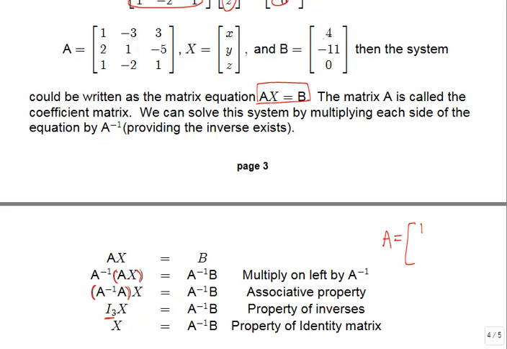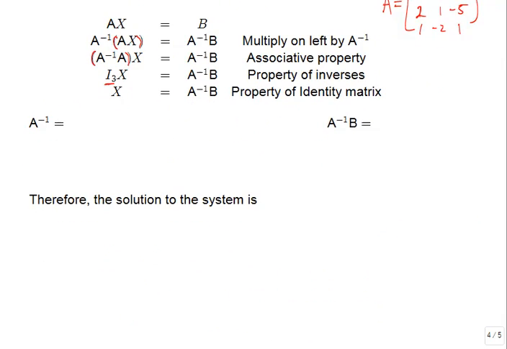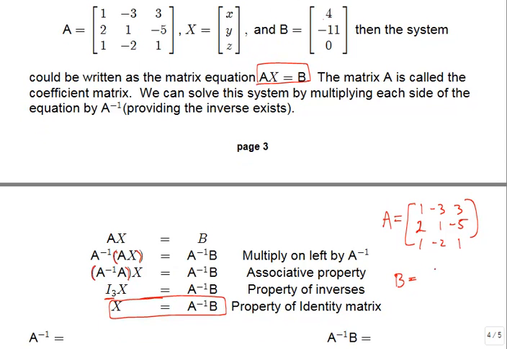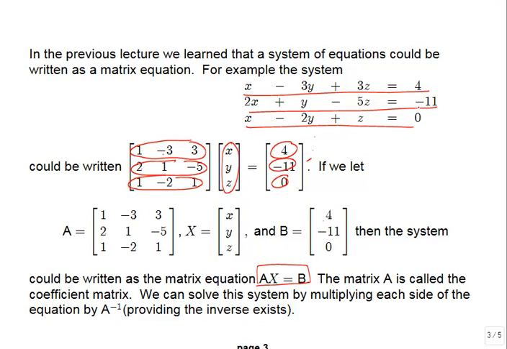Let me copy it down here so that I can see it a little better. Remember, this is the key part: the solution to this equation, the x, y, and z variables, are whatever you get when you multiply A inverse times B. So we also need to know what matrix B is, and matrix B is that column matrix with just those numbers that were on the right side of the equation over here.